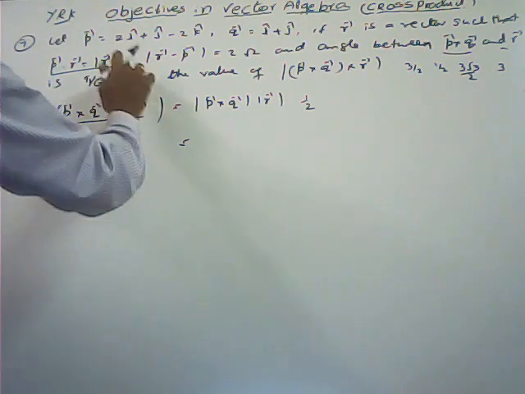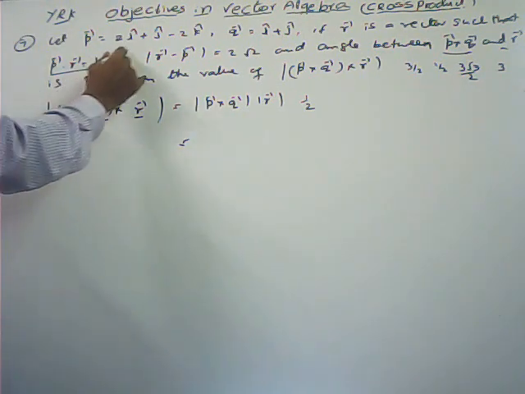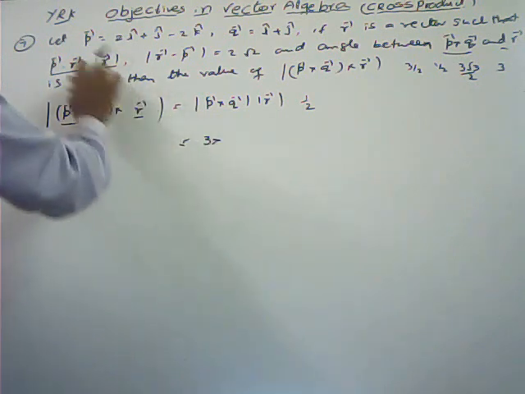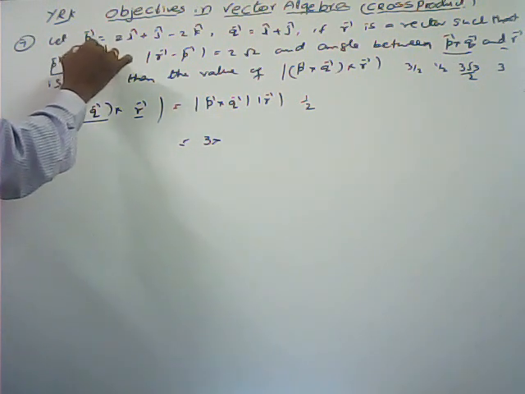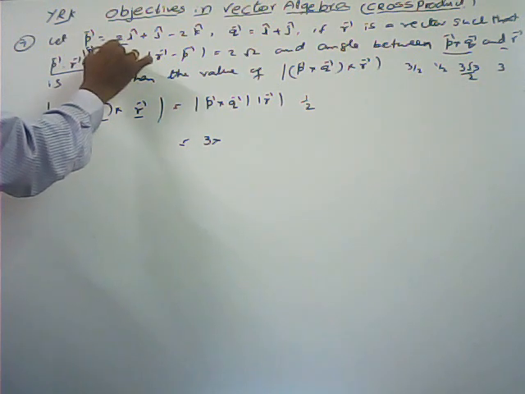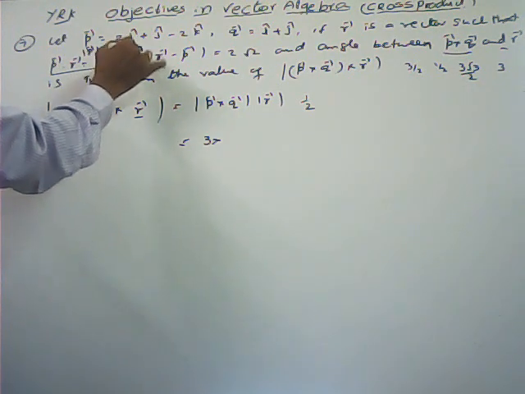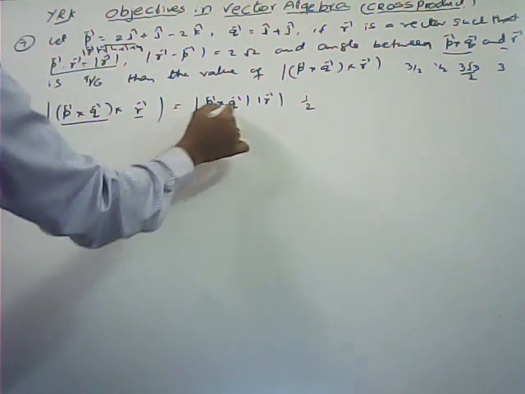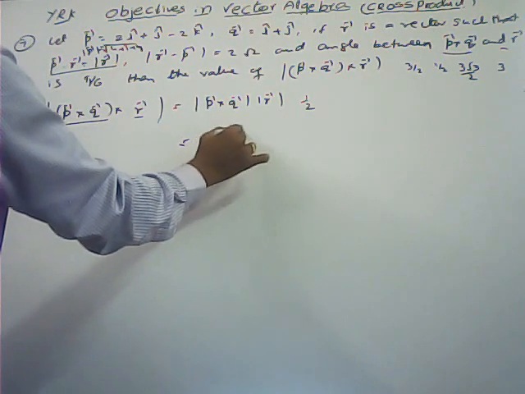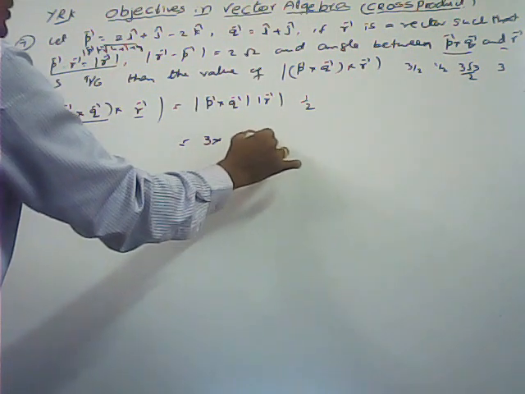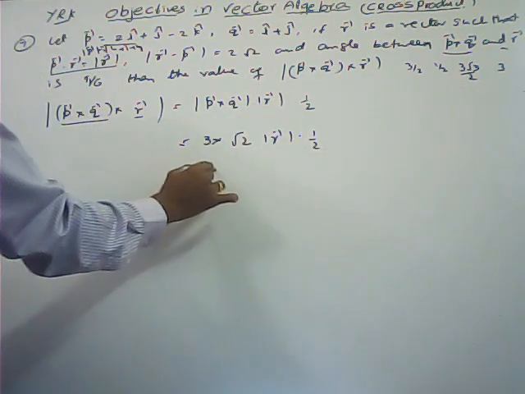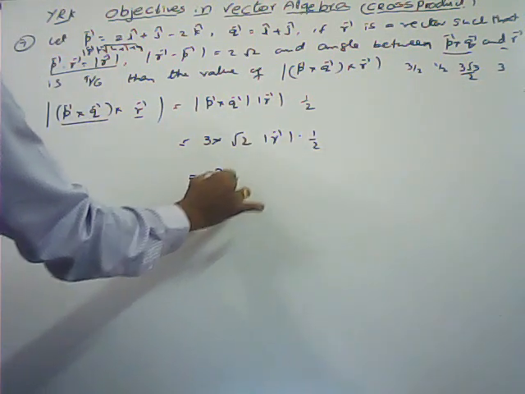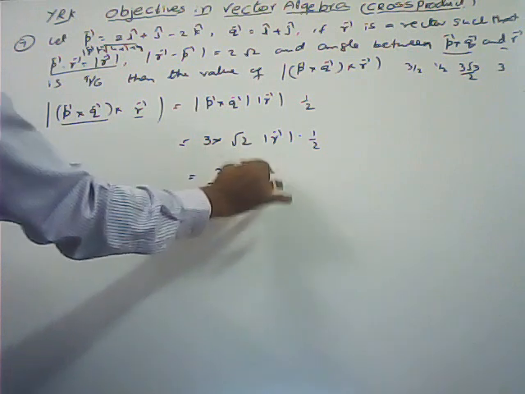Modulus of p bar is the root of 4 plus 1 plus 4, which is 9, and the square root of 9 is 3 only. Modulus of q bar is root 2, into modulus of r bar, into 1 by 2. So here it is 3 by root 2 into modulus of r bar.